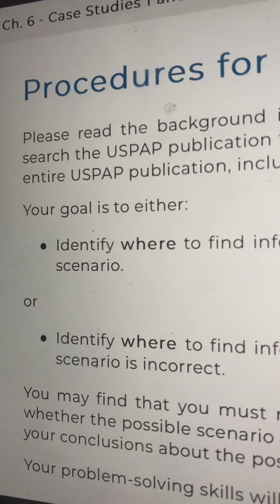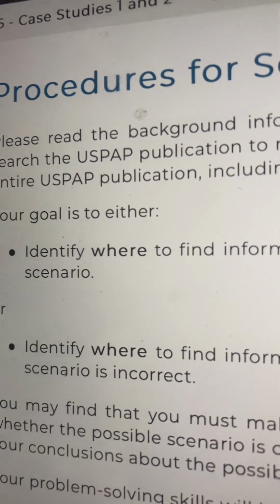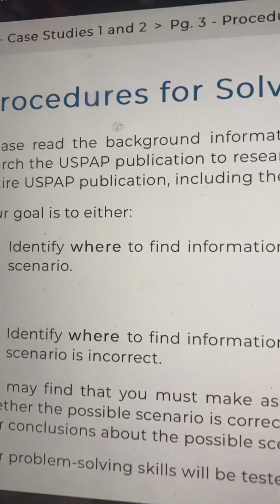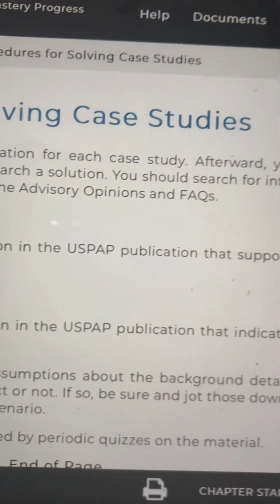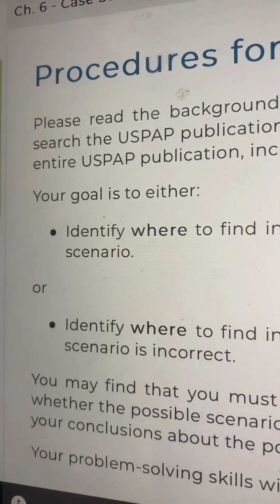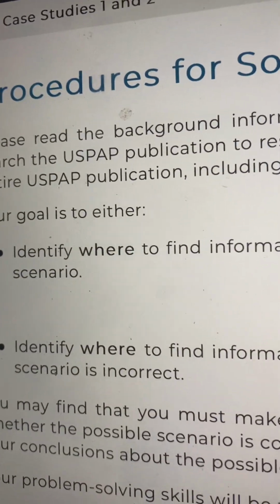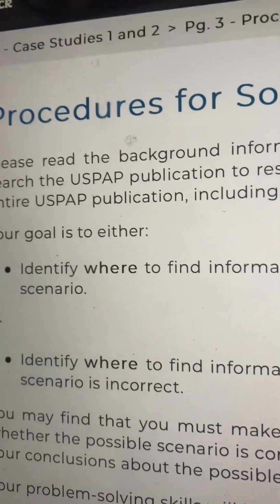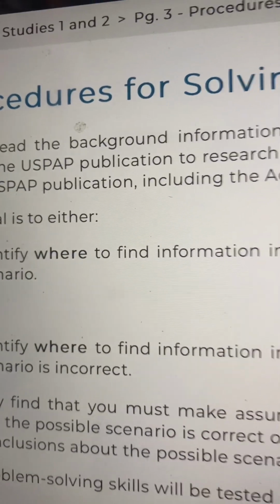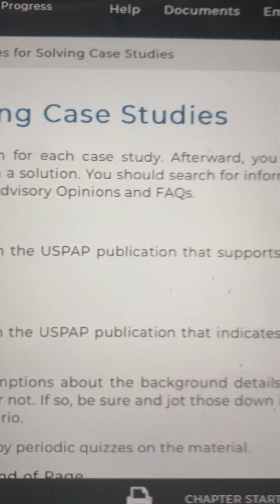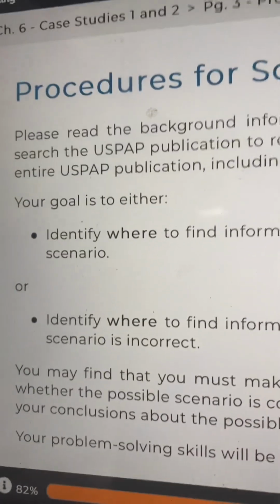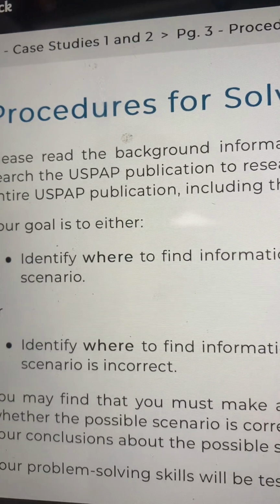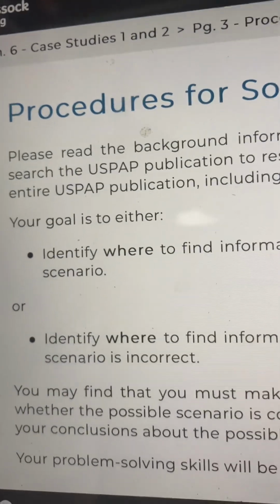Your goal is to either identify where, that's highlighted, to find information in the USPAP publication that supports the possible scenario, or identify where to find information in the USPAP publication that indicates the possible scenario is incorrect.